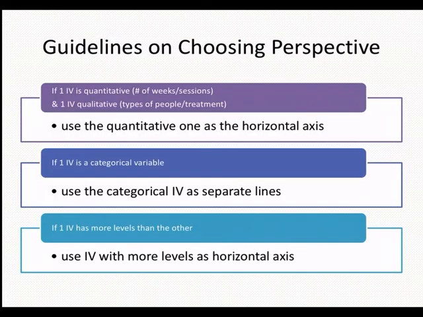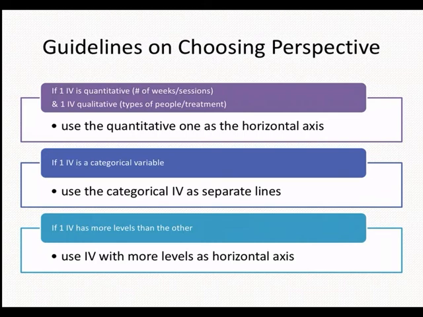But here are some ways of choosing perspectives, or some ways of plotting. Okay, if one of the IVs is quantitative and the other is qualitative, so quantitative meaning like number of weeks or how many sessions, the dosage amount. Qualitative, types of people, different treatment.